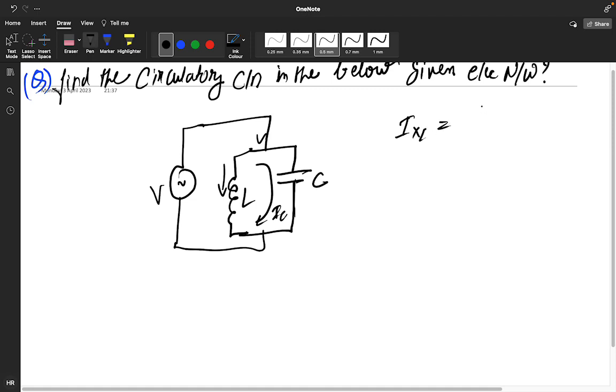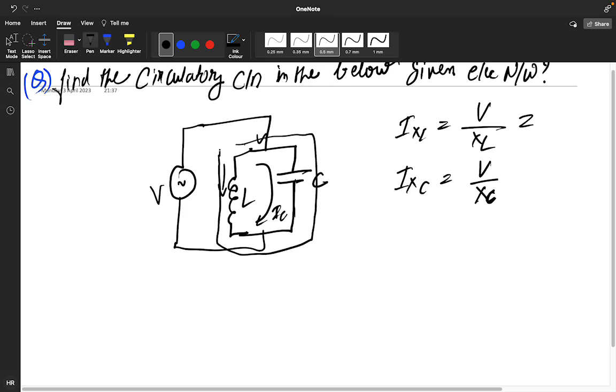IXL current will be V divided by XL, right, which will be equal to this current, because there is no resistance, so whatever energy it gets, and your IXC current is V by XC. Okay, so at resonance, what's happening at resonance frequency, this circuit is becoming open, right?